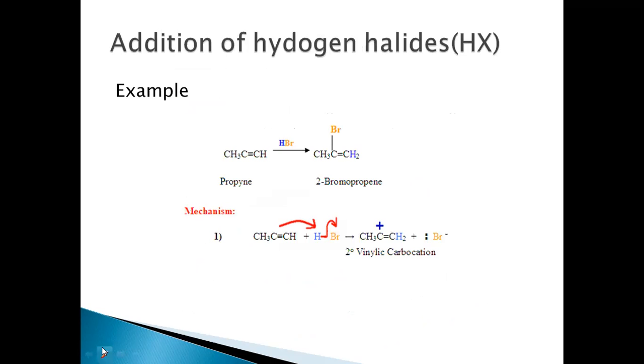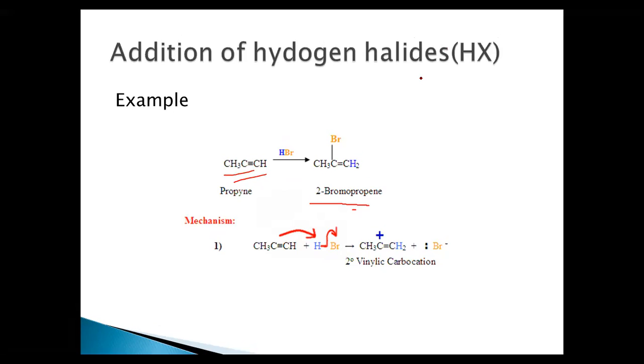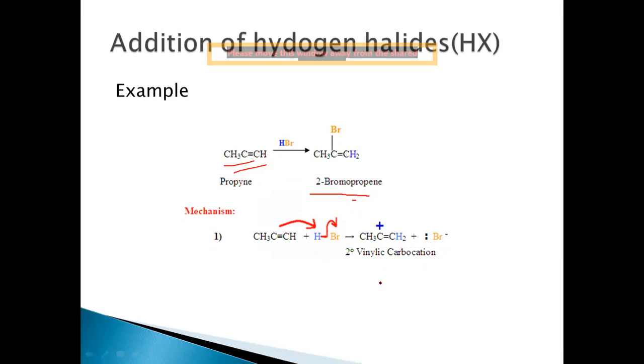Let's see this with an example. Propyne, when added to HBr, results in the formation of 2-bromopropene following Markovnikov's rule. In the mechanism, this H will add to the carbon in such a way that it results in the formation of the more stable secondary vinylic carbocation, rather than the primary vinylic carbocation.